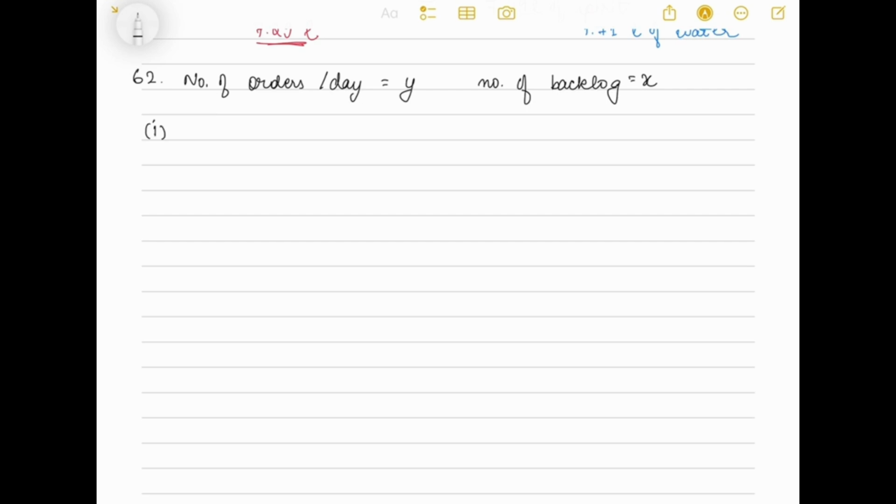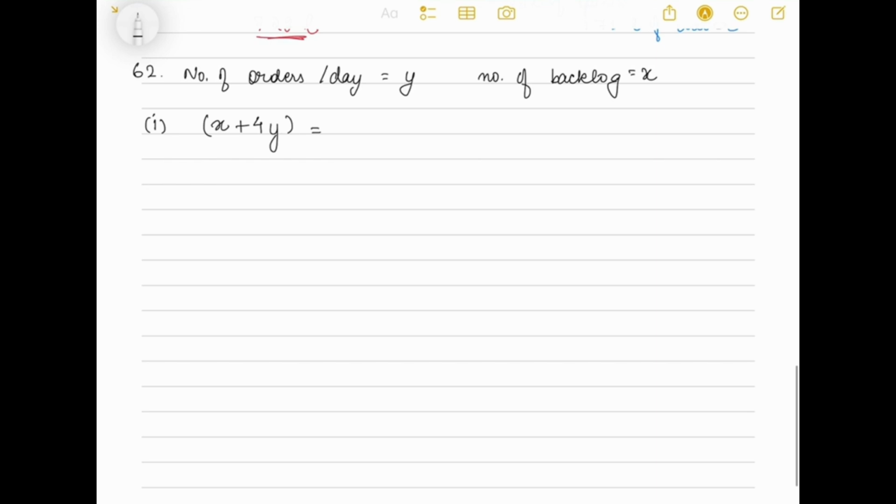So our first case is that he can clear all the orders, which means the backlog and the orders that he is receiving per day. At the end of the 4th day he can clear it if he is using 7 trucks.